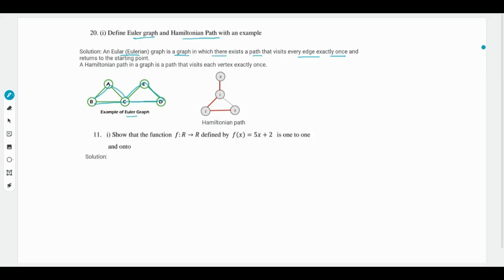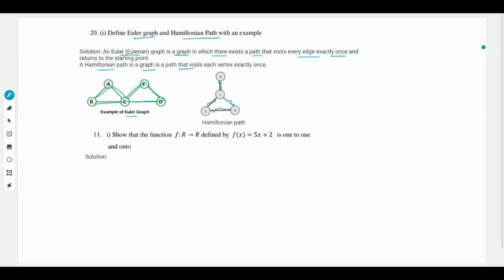Then what is a Hamiltonian path? A Hamiltonian path in a graph is a path that visits each vertex exactly one time. So we go from 0 to 1, then 1 to 2, and 2 to 3, exactly once, then 3 to 1.